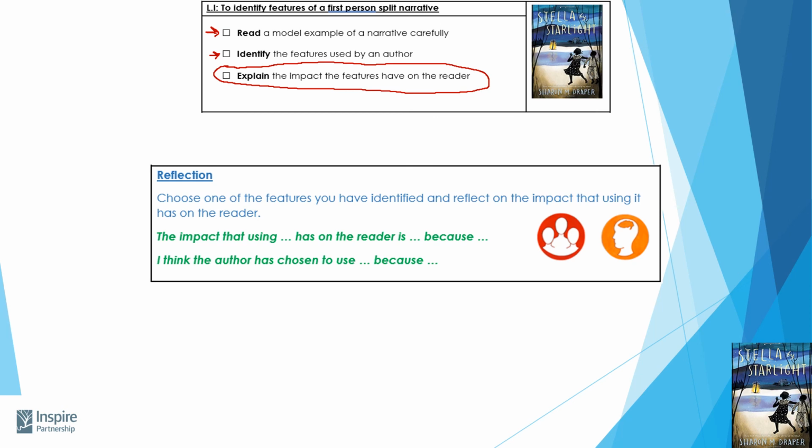So you're going to choose just one of the features that you've identified, and then you're going to reflect and describe the impact that that feature has on the reader. And again, as we've discussed before, please don't just put the answer that it makes the writing more interesting for the reader, because that's not a reason.